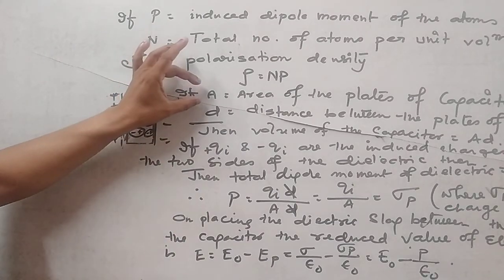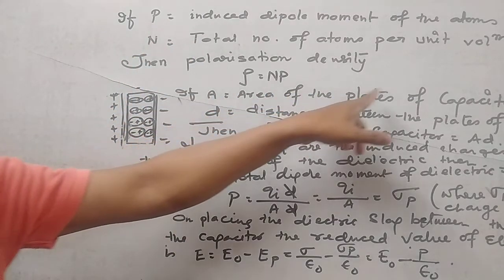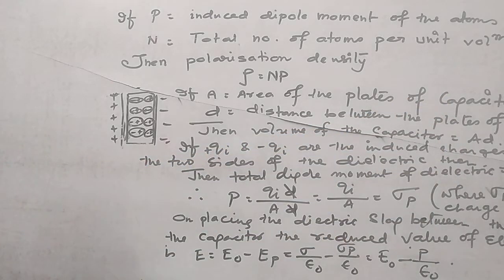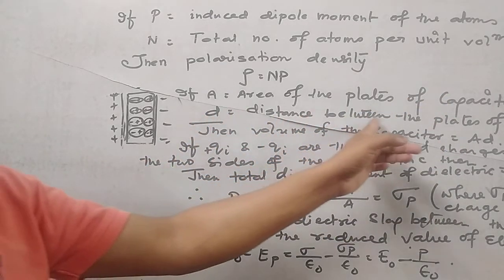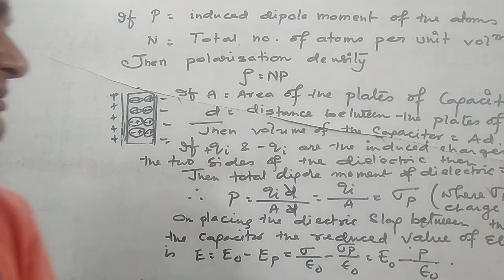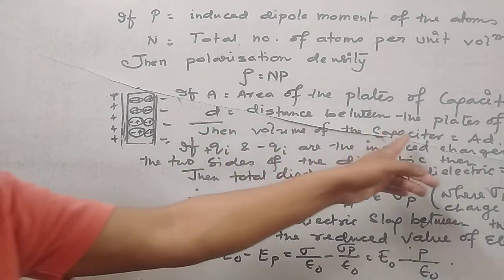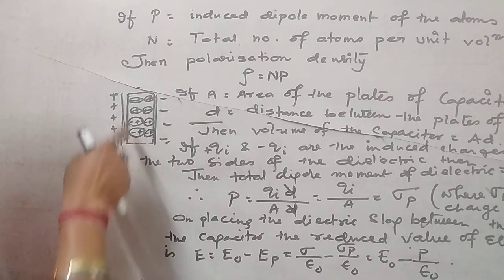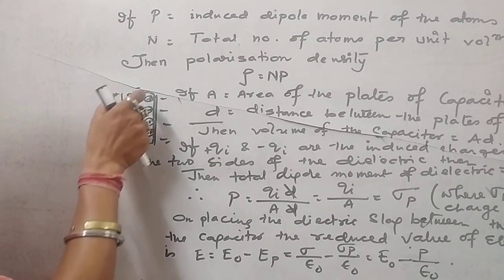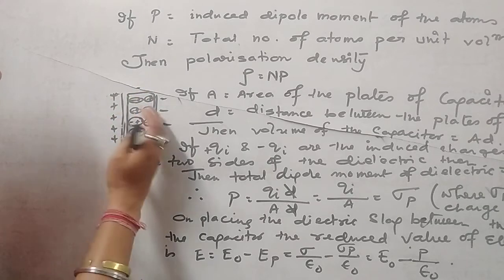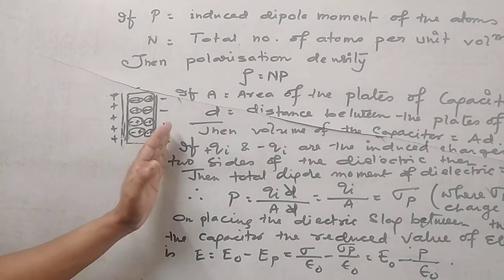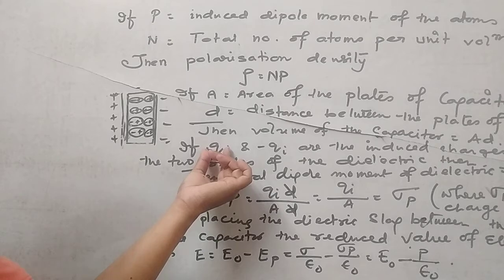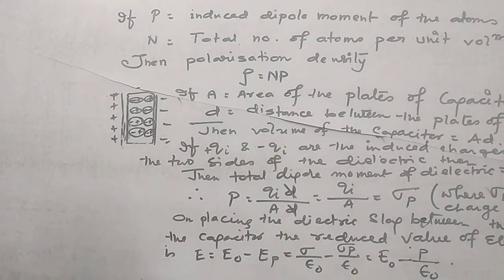If capital A is the area of the plates of the capacitor and d is the distance between the plates, then the volume of the capacitor will be A into d. Let us assume that the induced charges on the dielectric when it is placed in an electric field are plus Qi and minus Qi.